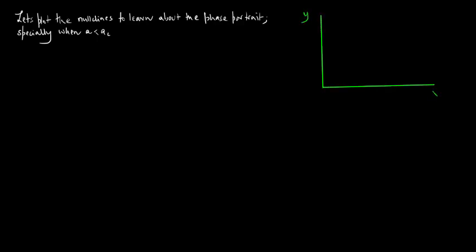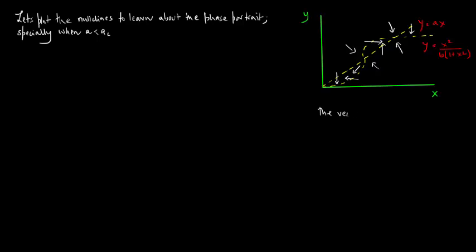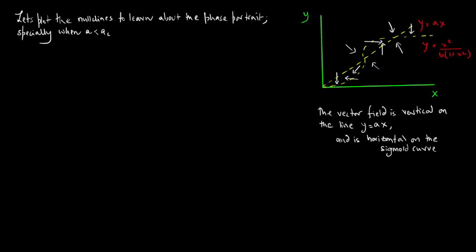So now let's plot y versus x. That's the line y is equal to ax, and now we plot the sigmoid shape curve, which is y is equal to x squared divided by b times 1 plus x squared. The vector field is vertical on the line y is equal to ax and is horizontal on the sigmoid curve.